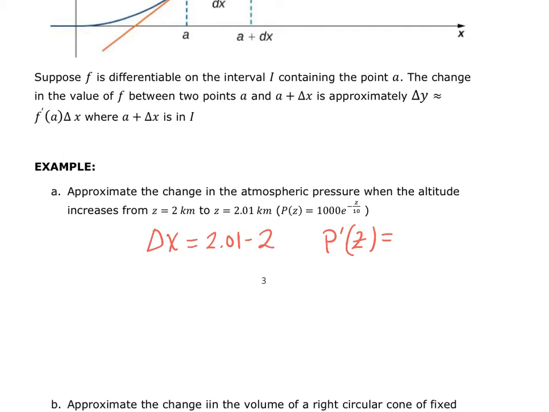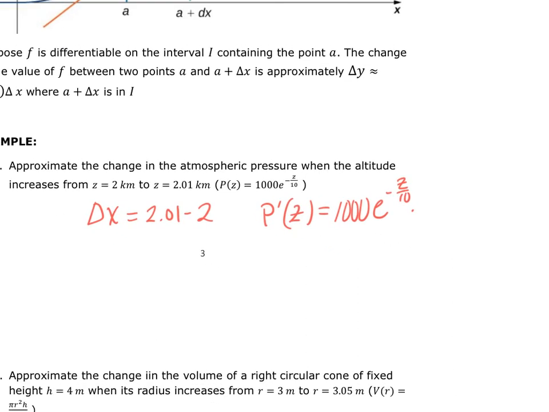And so I have 1,000 e raised to the negative z divided by 10. So this is going to be 1,000 e raised to the negative z divided by 10 times the derivative of negative z divided by 10. So this is going to be multiplied by negative 1 over 10.